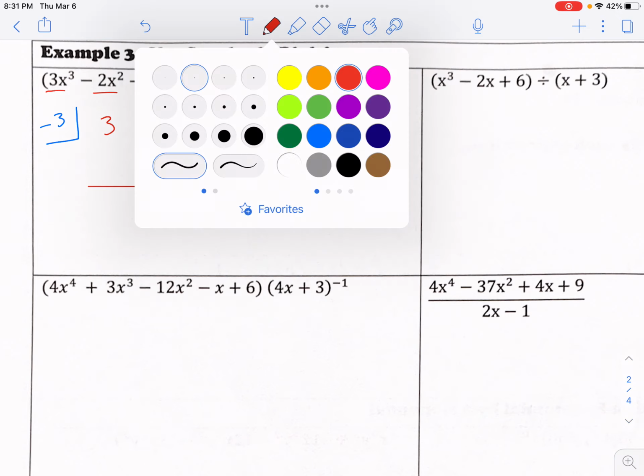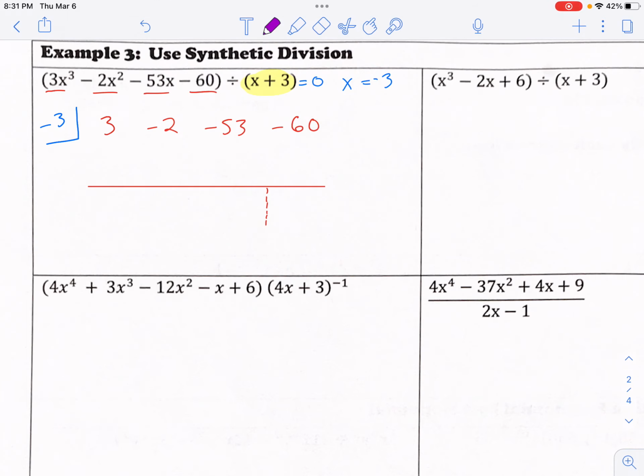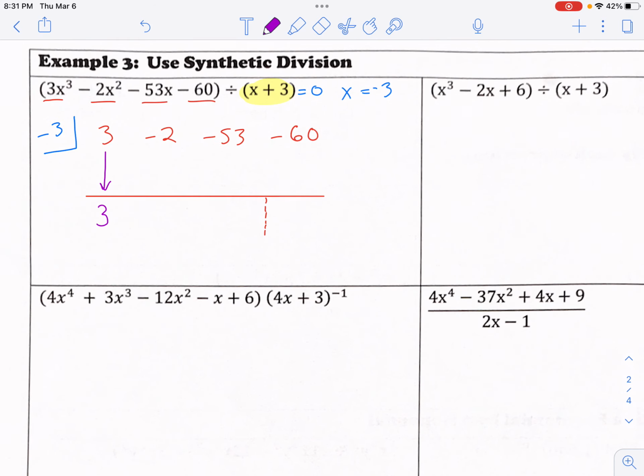So what you are going to do is you're gonna drop down the first number. We have a 3 right here. You always drop down the first. And then you are going to multiply to go across and add going down. So you'll get the hang of it. First, I'm going to do negative 3 times positive 3.